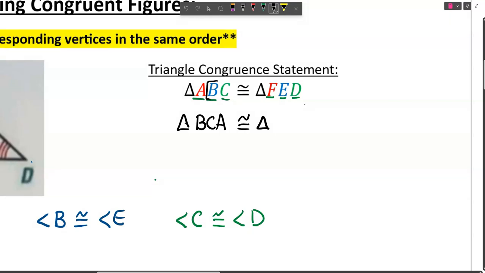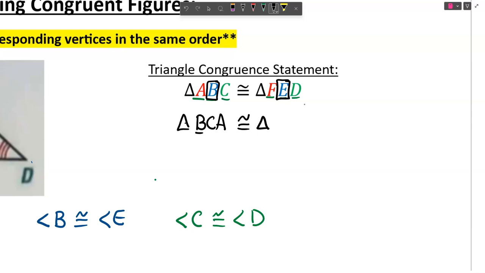Since B and E are corresponding angles, and B was first, E must come first here. The next letter I have is C. Since angle C and angle D are corresponding, D would be my next letter. And finally, since angle A and angle F are corresponding, this is how I would write it. So a second acceptable triangle congruence statement would be triangle BCA and triangle EDF.